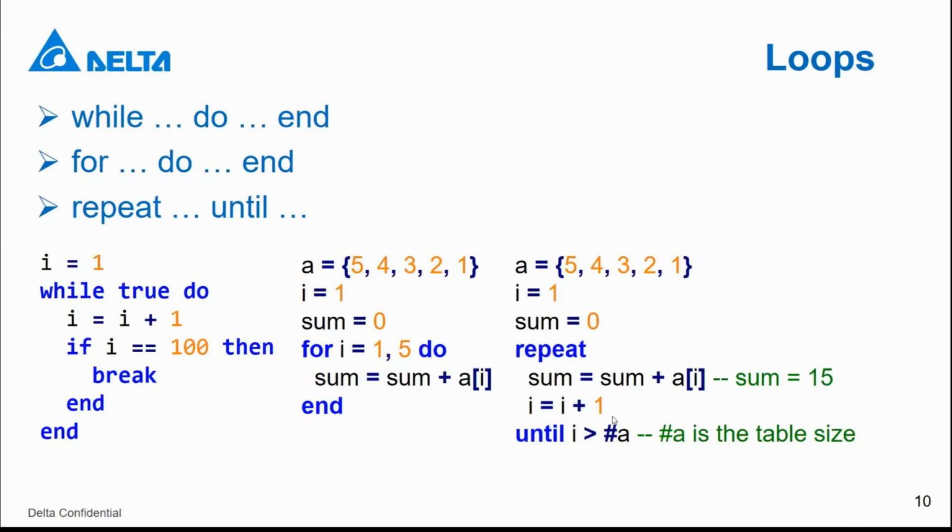In the condition here, you can see a special symbol, the hash. The hash means it will count the number of elements in the table. So #A means the size of the table, and you can see table A has 5 elements, so #A means 5. In this loop, it will repeat until i is bigger than 5, then this loop will end. So here are our 3 different loops in the robot language.